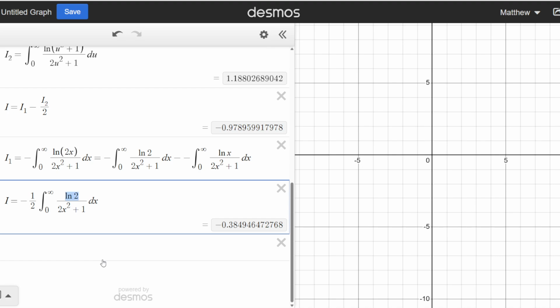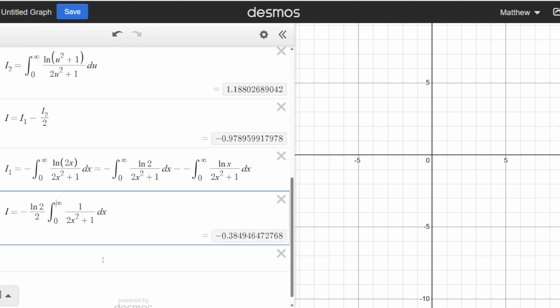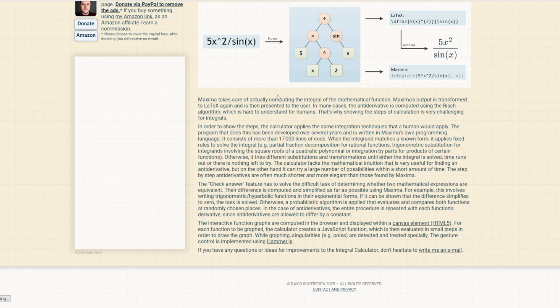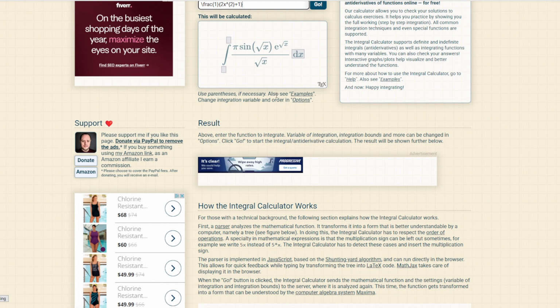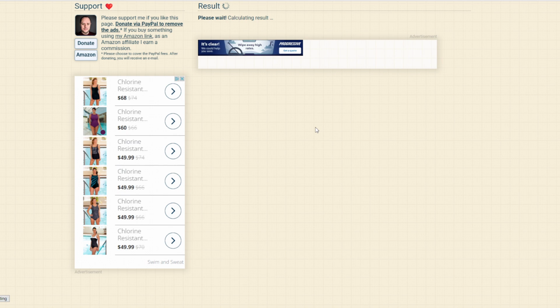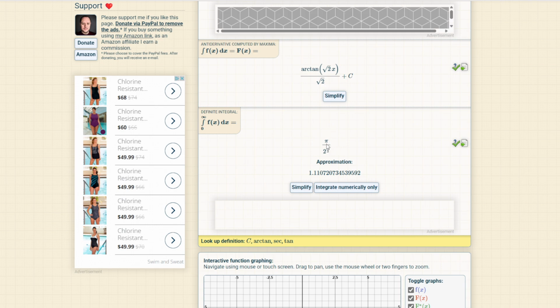I'm going to use the online integral calculator because you guys aren't here to see me integrate stuff like this. So I'm going to go ahead and plug this into the online integral calculator. And we are integrating from 0 to infinity. I should know the formula for that. I'm terrible at memorizing formulas. But anyway, this is what we get.